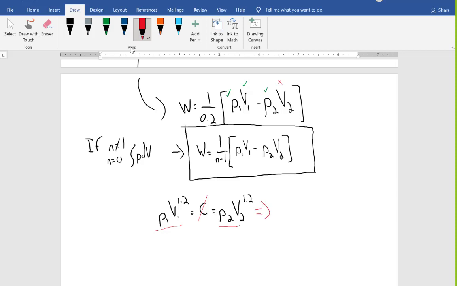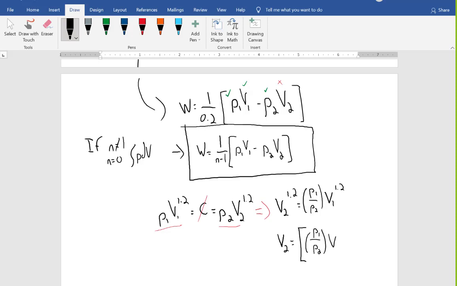So if I do that, I'm trying to isolate for V2. Here I would get V2 to the power of 1.2 is going to be equal to P1 over P2, the ratio of these pressures, times V1 to the power of 1.2. Or if I want to find V2, this is going to be P1 over P2 times V1 to the 1.2, all to the power of 1 over 1.2.